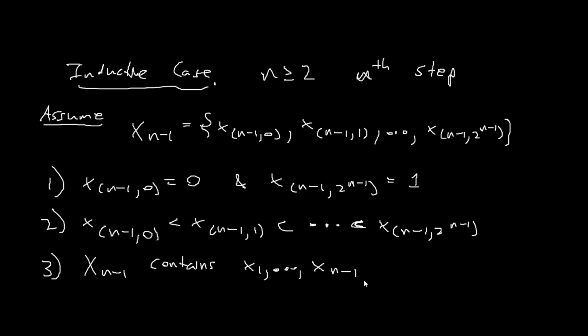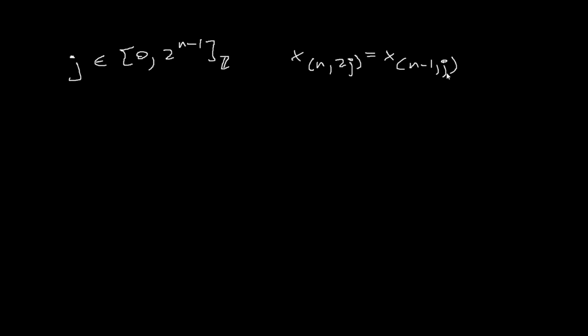Now we move on and construct our labeling for the nth step as follows. For integers j in 0 to 2^{n-1} inclusively, we define x_{n,2j} to be x_{n-1,j}.